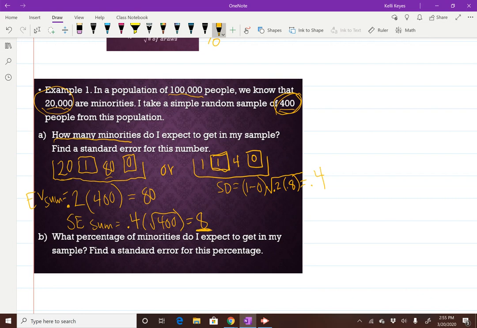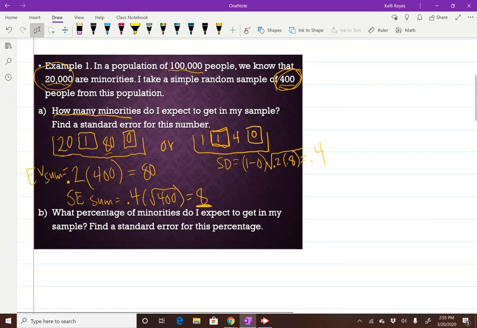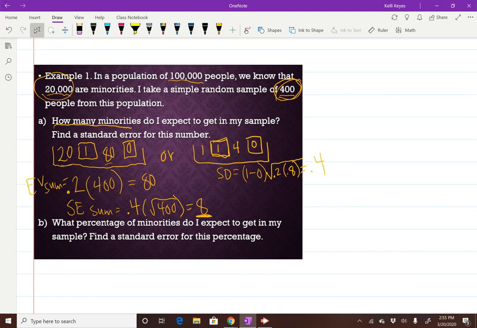But okay, and then part B is what percentage of minorities do I expect to get in my sample, and then find the standard error for the percent. Okay, so now instead of number of minorities in the sample, we're looking at percentage. So if you go back, EV percent is just the population percentage.